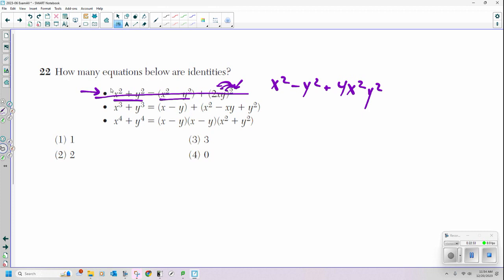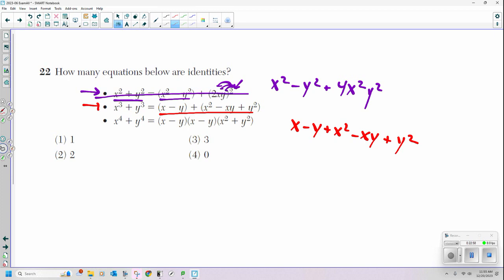Let's pick the next one. All I've got to do is combine like terms because there's only a plus between them. We're not squaring any of the parentheses. So I've got x minus y plus x squared minus xy plus y squared. Can I combine anything?